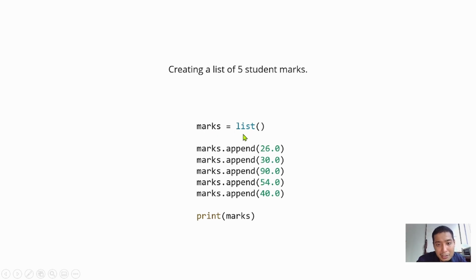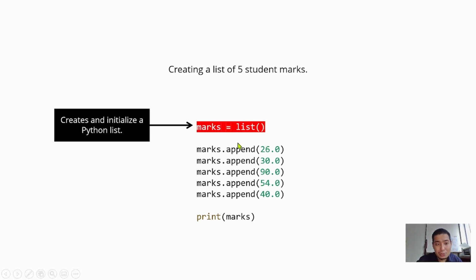So the type is the list. The parentheses here are optional. You can either put the parentheses or just leave it blank. You have marks equals to list, meaning you are telling Python that you are using the variable marks and the type of the variable is a list.